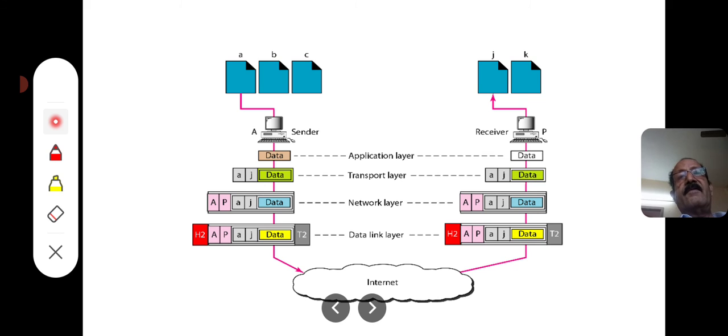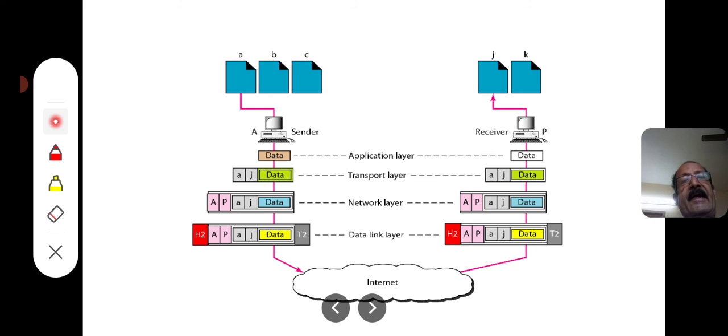IP address of source is A, destination is P, AP. Right? Then data link layer adds header and trailer. The header contains source and destination addresses.